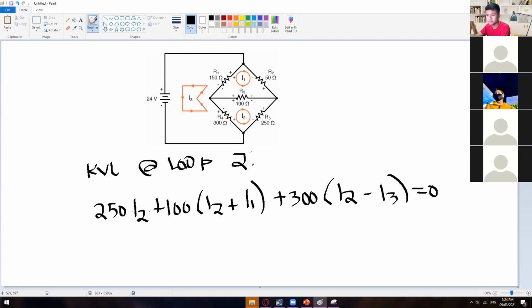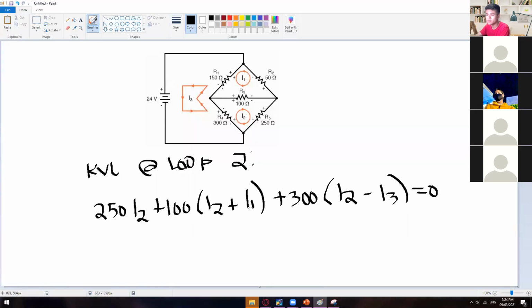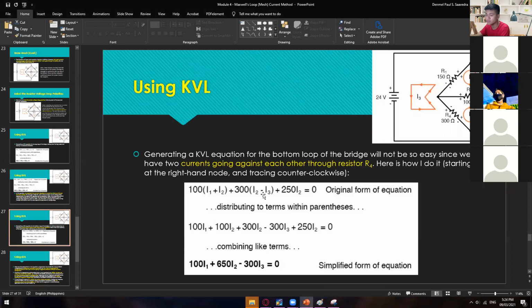Were you guys able to follow so far? And how did we get this equation coming from this loop number 2? Yes, sir. All right, so let's see if we have the same equation. So yeah, 100 times I1 plus I2, I1 plus I2, and then I2 minus I3. This is the original equation of loop number 2.